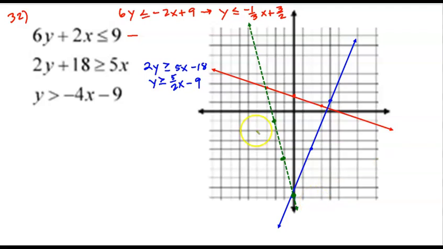And now we do the shading, and we will be done with this one. So the red line should be below. The blue line should be above, below the red, above the blue, and also above the green. So everything in this triangular region, any ordered pair that comes out of that region will be the solution.